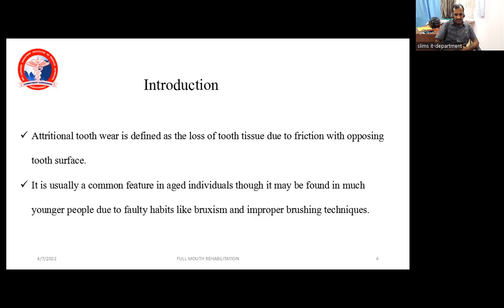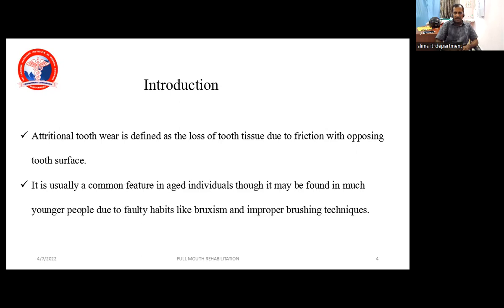Now, attritional tooth wear is nothing but the loss of tooth structure due to friction with the opposing tooth surface. That is the definition for attrition. It is usually a common feature in an aged individual. It is an age-related change.